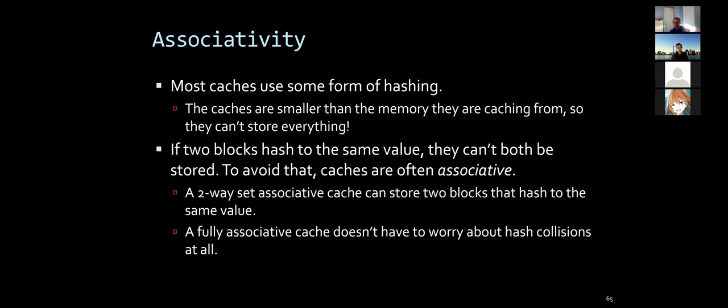The next big thing about caches: remember, they are very small. They're much smaller than the memory they're caching from, so they cannot store everything. So if 2 blocks happen to map to the same location, they cannot be stored at the same time. It's either one or the other. If I only had books of 4 colors and each slot in my shelf can only take 1 book, then if I bring 2 blue books, one has to go away.